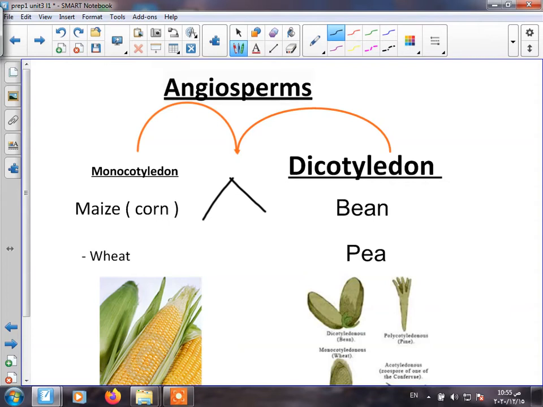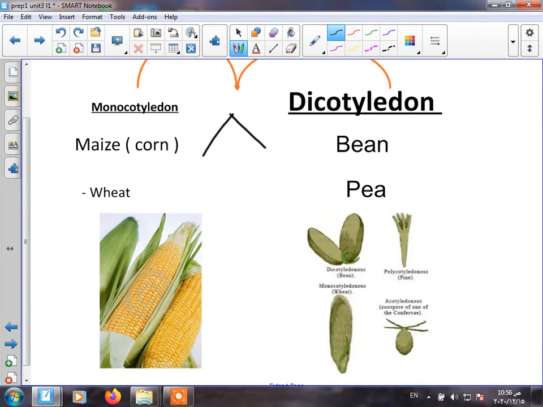Angiosperm is divided into monocotyledon and dicotyledon. Monocotyledon, like maize or wheat, has only one seed part, while in dicotyledon each seed is divided into two parts, as you can see here, like the bean plant. If you hold a bean in your fingers, you can divide it into two parts.